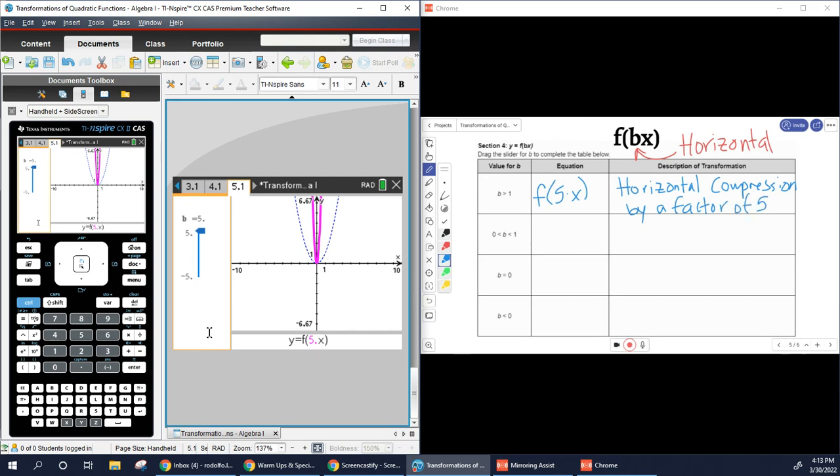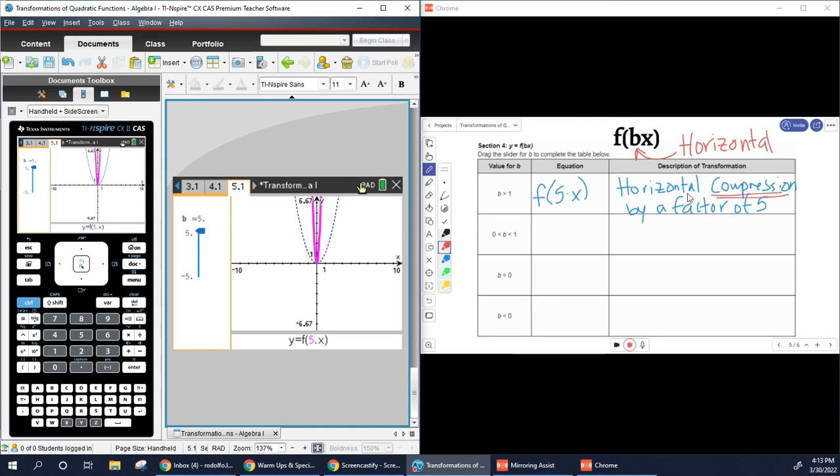Whatever you're multiplying it by, it's going to compress horizontally. If you're doing a vertical stretch, you're stretching vertically, but horizontally, what's happening with your hands? They're coming together, which is a compression. Okay.